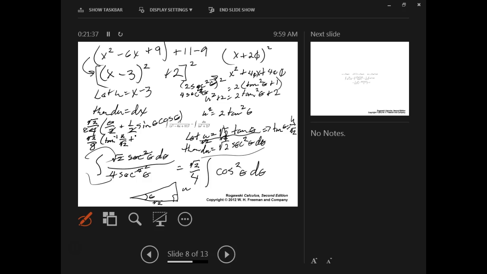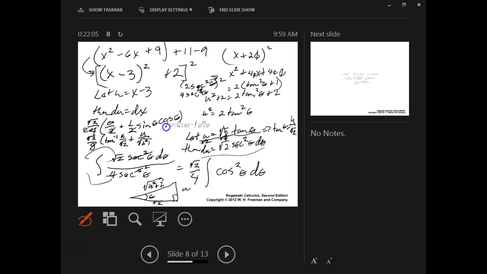That thing again, okay? It's going to be the square root of u squared plus 2. That's it. So sine theta is going to be u over the square root of u squared plus 2.